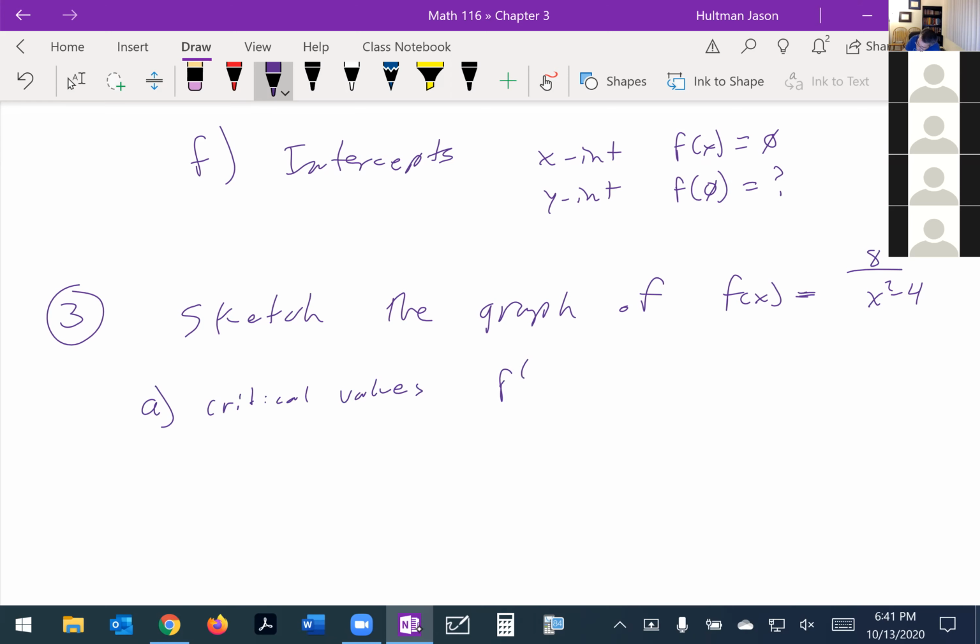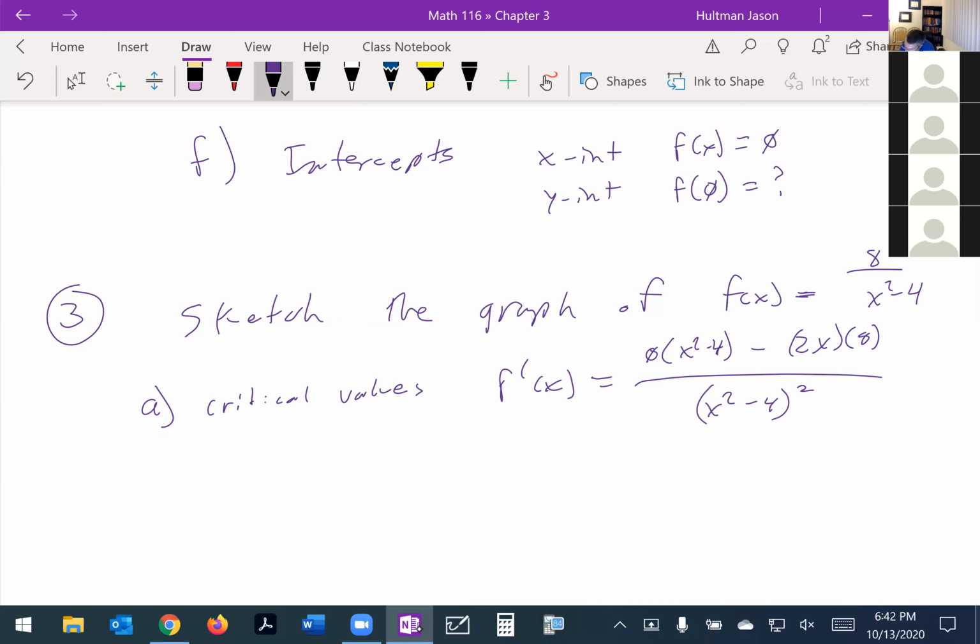So f prime of x, where is that equal to 0? Well, let's find out what f prime of x is. Let's use the quotient rule. The derivative of the top, that's 0, times the bottom, minus the derivative of the bottom, that's 2x, times the top, all over the bottom squared, x squared minus 4 squared.